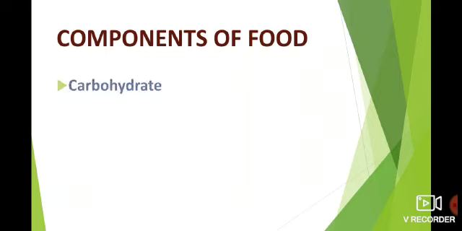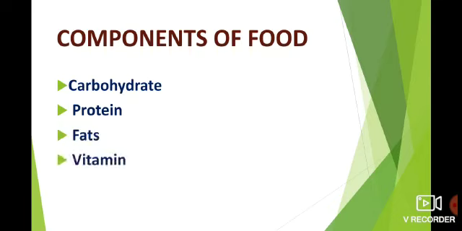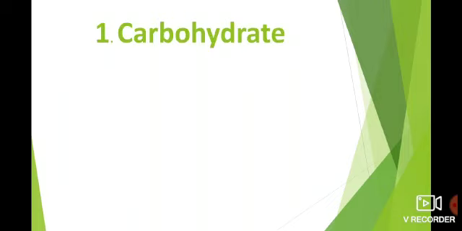There are 6 major classes of nutrients: first carbohydrate, second protein, third fat, fourth vitamins, fifth minerals and sixth water. So these are the 6 major classes of nutrients. Let us learn about these components in detail.